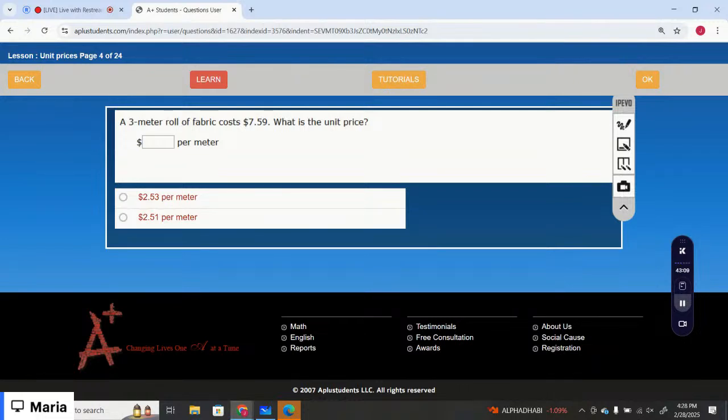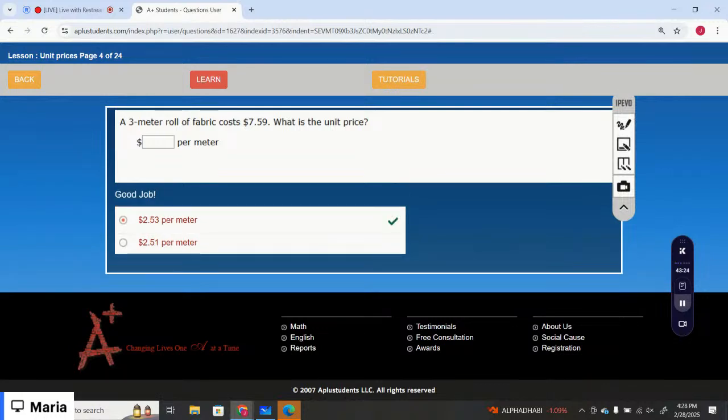So 7.59 divided by 3 equals 2.53. Option number 1 is the correct option, that is 2.53 per meter.